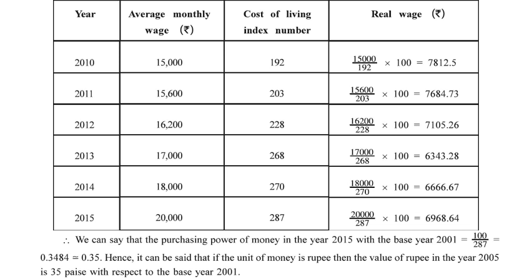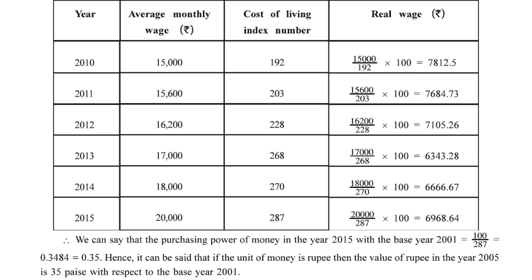Now we also have to calculate the purchasing power of money. Now the purchasing power of money formula is 1 divided by cost of living index number into 100. So 1 into 100 is 100, so 100 divided by cost of living index number is a valid formula. Here the cost of living index number for 2015 is 287.